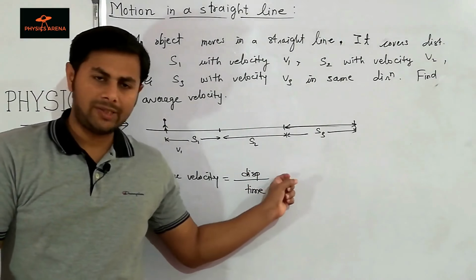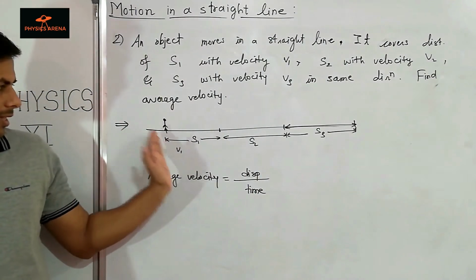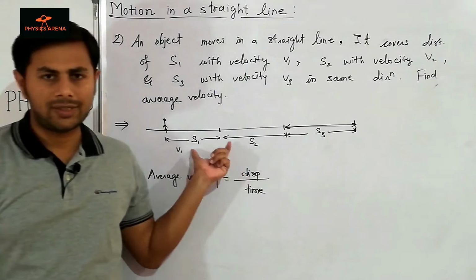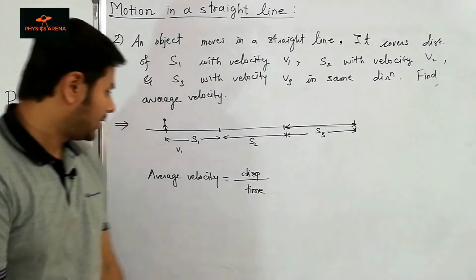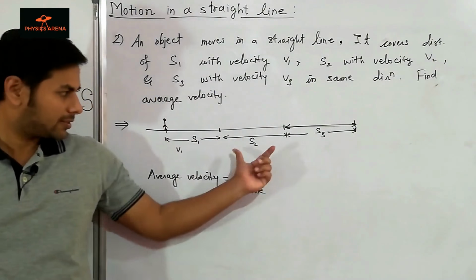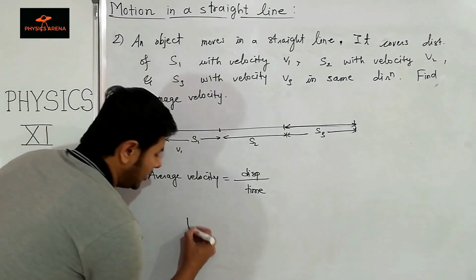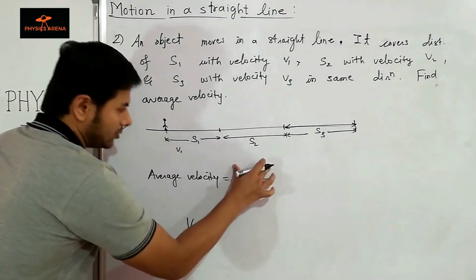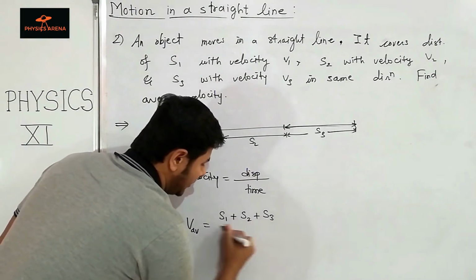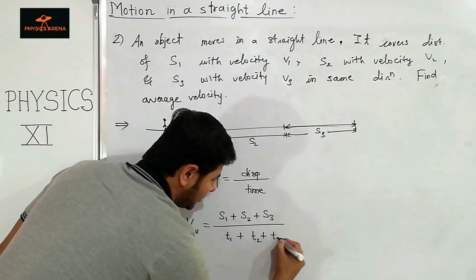Average velocity is displacement divided by time, and total displacement of this object from start position is the sum of these three. It is s1 plus s2 plus s3, and suppose the time taken be t1 in this case, t2 in this case, and t3 in this case. So I can write average velocity av equals to total displacement, which is s1 plus s2 plus s3 divided by times t1 plus t2 plus t3.